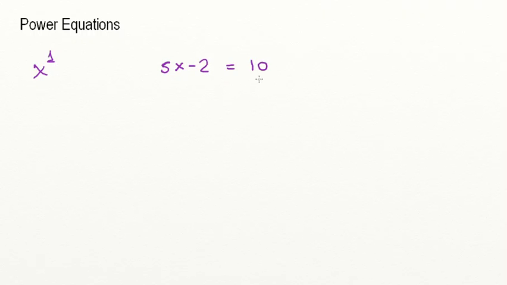This is fairly simple, and if you look at this, x is to the power 1. We don't usually write it, but there is an x there to the power 1.